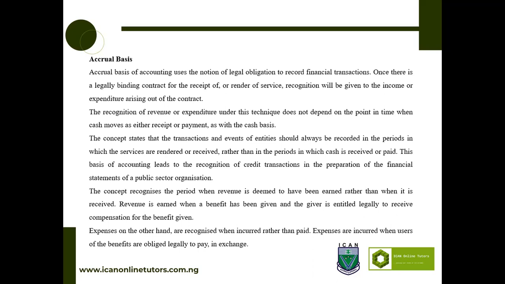So revenue is earned when the benefit has been given and the giver is entitled legally to receive compensation for the benefit given. While expenses, on the other hand, are recognized when incurred rather than paid. Expenses are incurred when users of the benefits are obliged legally to pay in exchange.